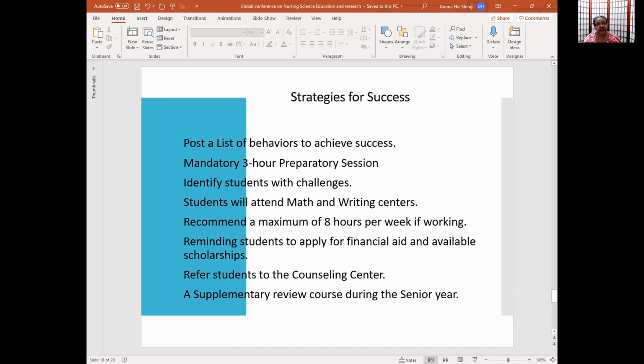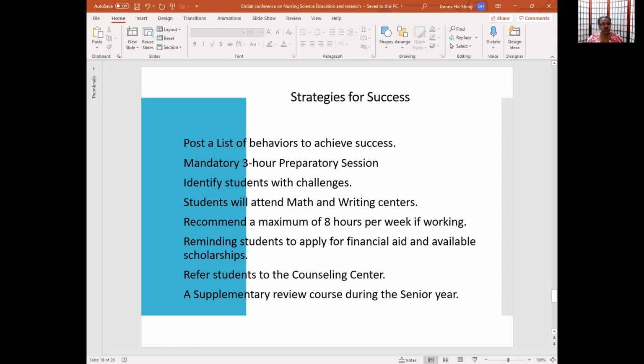Reminding students to apply for financial aid and available scholarships if they're having financial challenges, and also referring students to the counseling center if they're having mental challenges, including anxiety and depression. Because sometimes when students are not achieving their academic goals, we've had cases where students have committed suicide at various colleges.